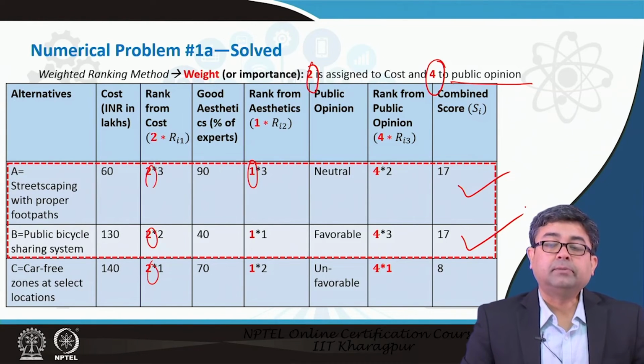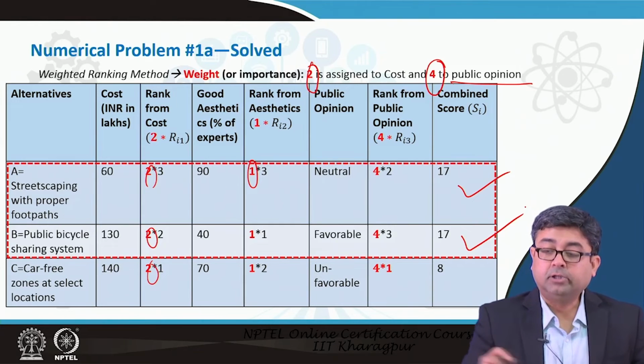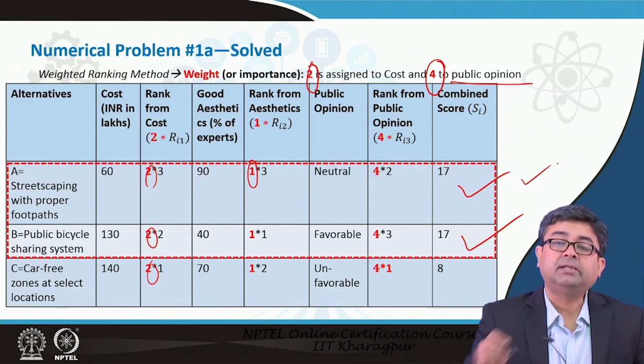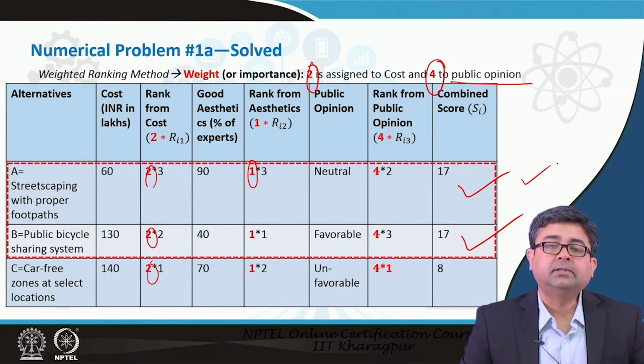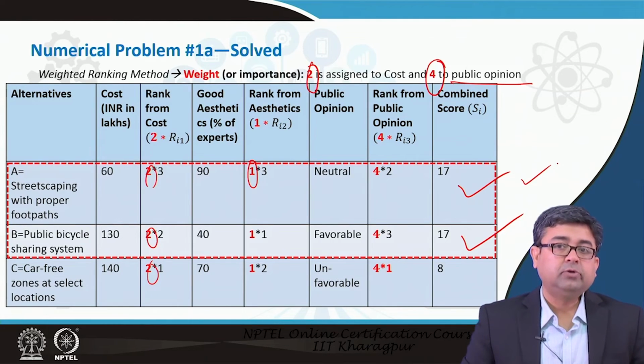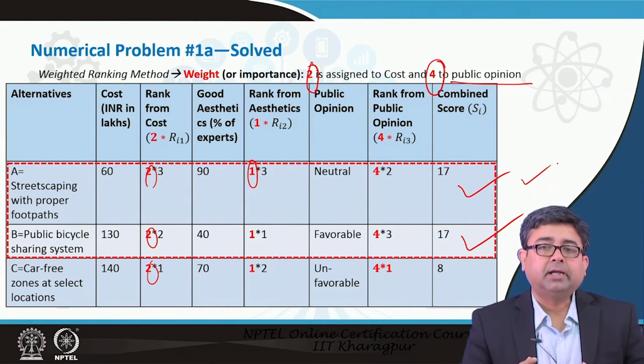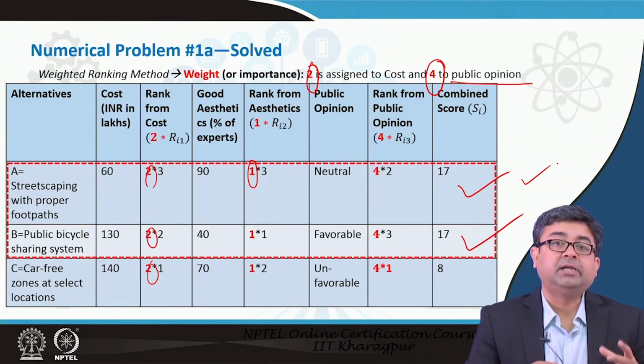In the previous method there was one clear winner, project A, but now there are two projects tied with each other. That gives you an idea that maybe there is another method you have to use in order to differentiate between these two projects.